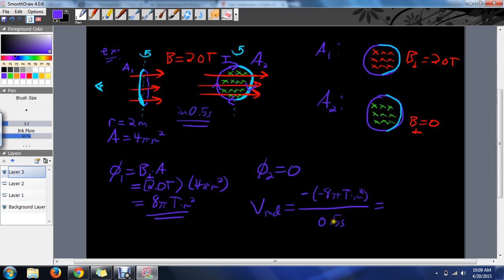I hope you guys are cool with that. 8 divided by a half is like multiplying by 2. You're going to get 16 pi volts. Notice how the negatives cancel, which confirms that if it once was x's, this is going to create x's because we took the x's away. I want that to make most sense.